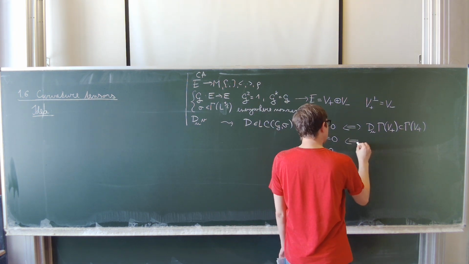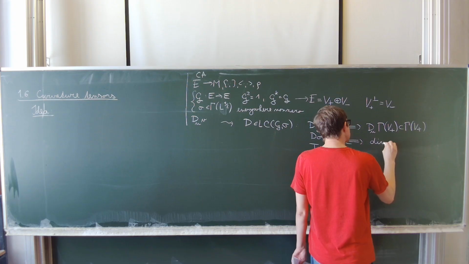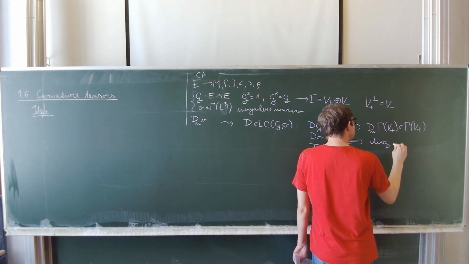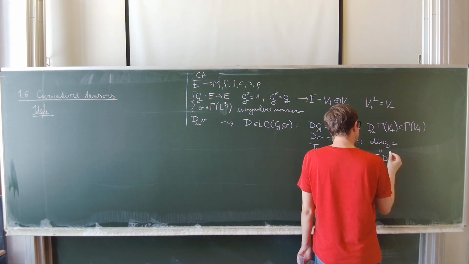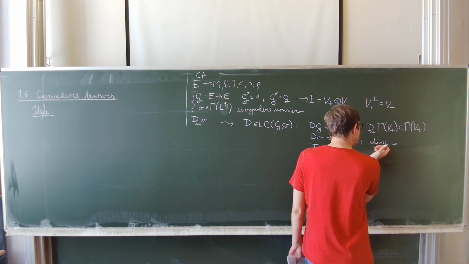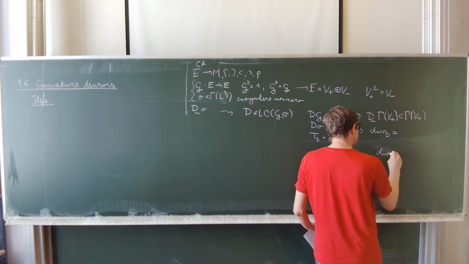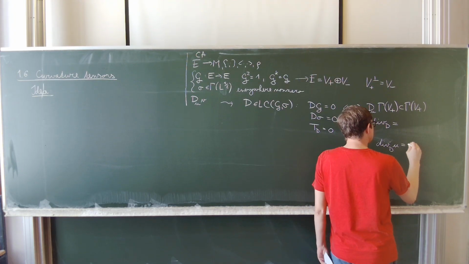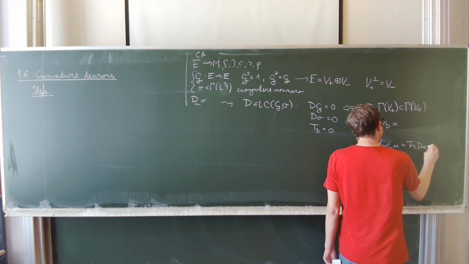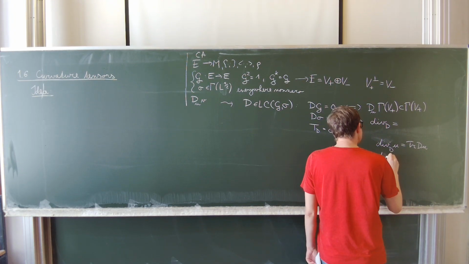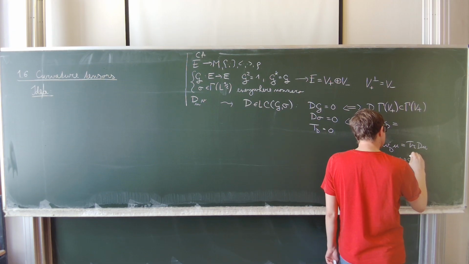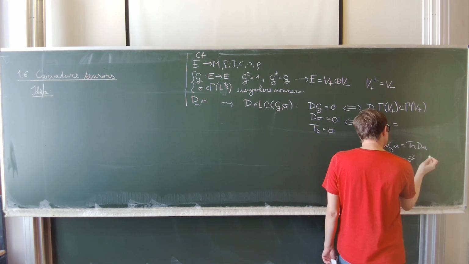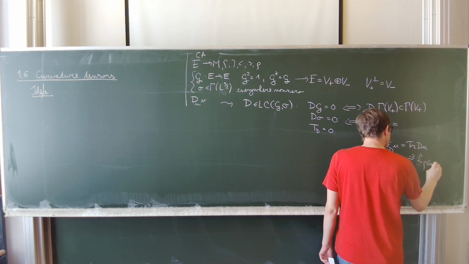And this was equivalent to saying that the divergence associated to D, which is none other than the trace of U, was defined to be the trace of U. And then we had another divergence associated to sigma, which was the Lie derivative.